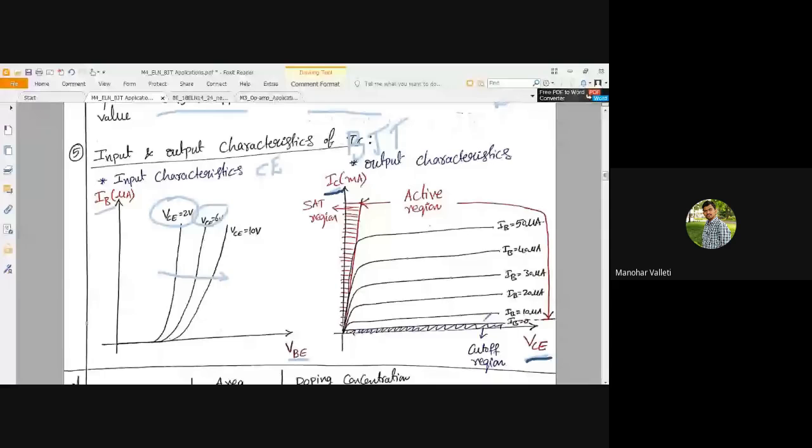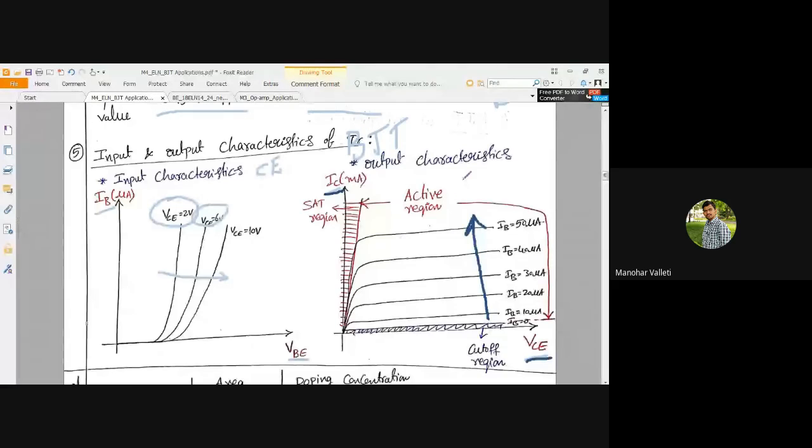we take two different IB values. As IB keeps on increasing, IC is increasing.